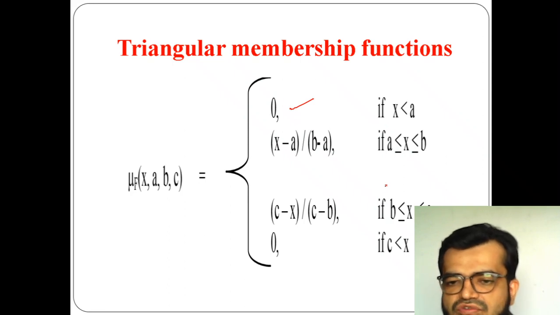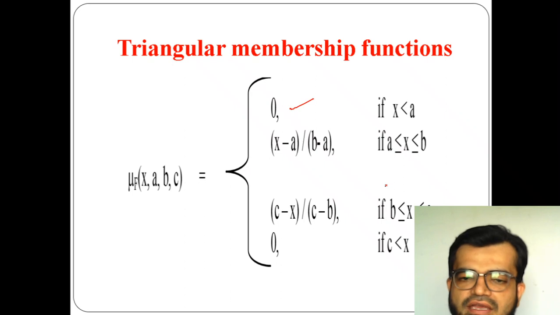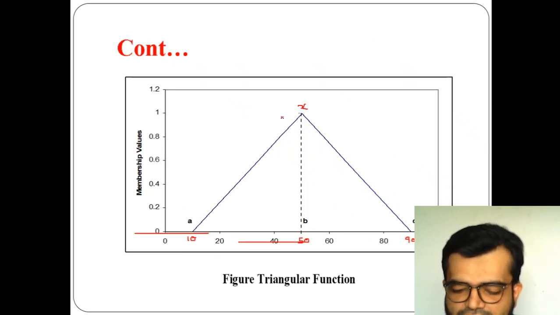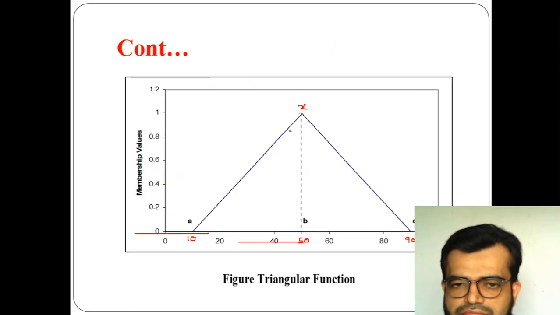Similarly, from b to c, here 50 to 90, we start from the right side: c minus x divided by c minus b. That will give you the range.